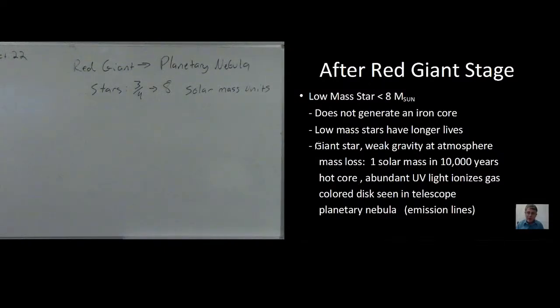And the ultraviolet light coming from this very hot core is able to ionize the gas that was pushed out away from the atmosphere of the star. So this ionized gas, the electrons are recombining, and different emission lines are being emitted by the atoms as the electrons recombine with the nucleus of the atom.